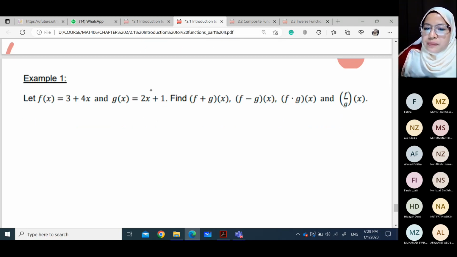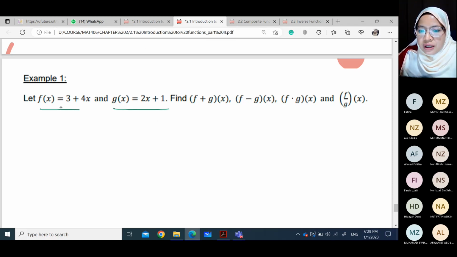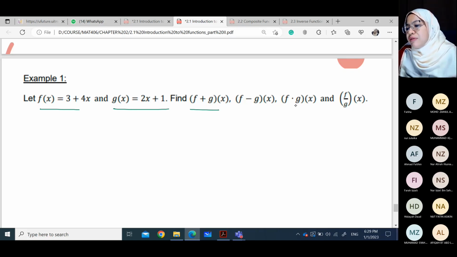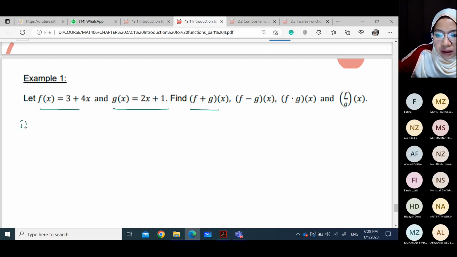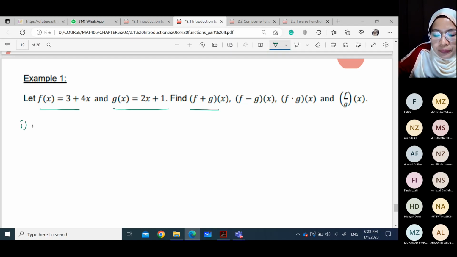Okay. Right, so based on this example, we have two functions. They are f function and g function. So f here is 3 plus 4x and g here is 2x plus 1. So the question asks you to find f plus g, f minus g, f times g, and f over g. So kita buat yang pertama, which is f plus g.